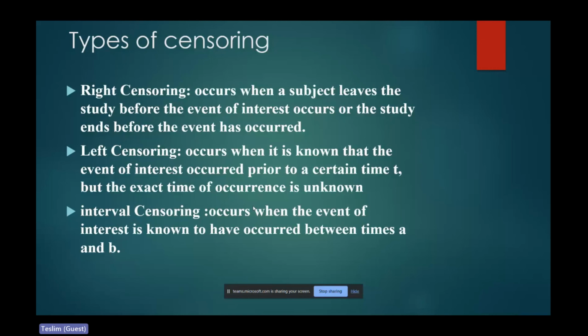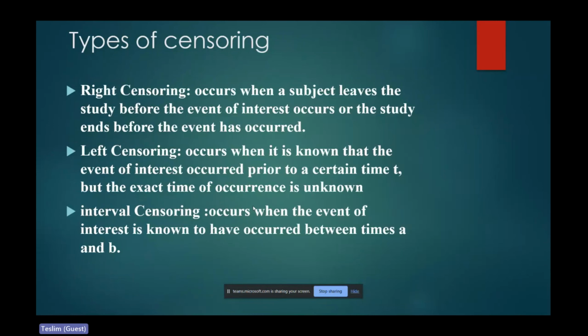But left censoring: at age 20, you went to test for HIV and you discovered that you are HIV positive, but you don't know the time at which you contracted that particular disease. That is what we call the left censoring. Come again on the left censoring.